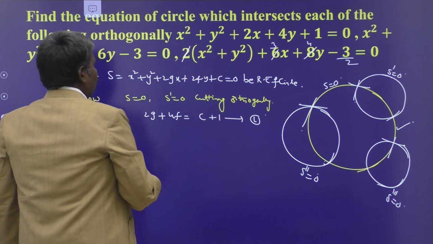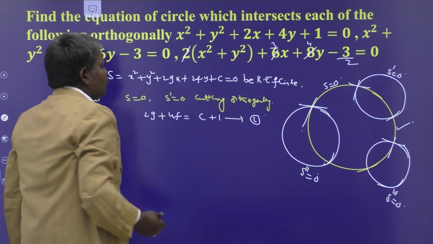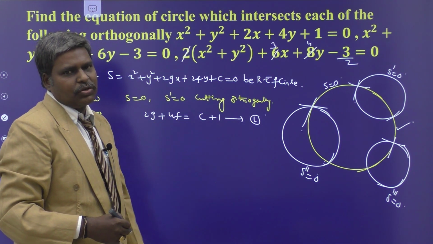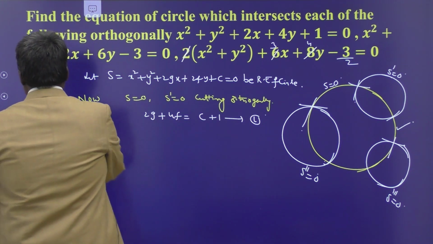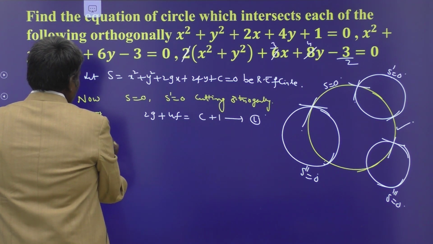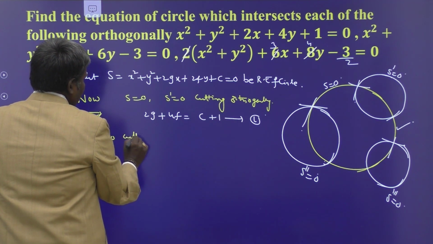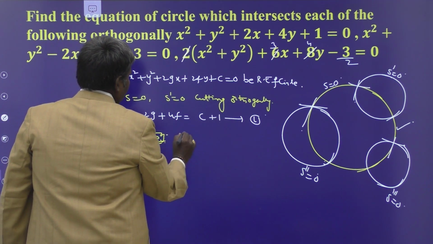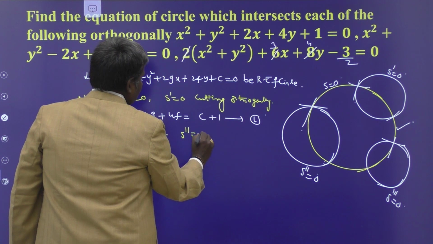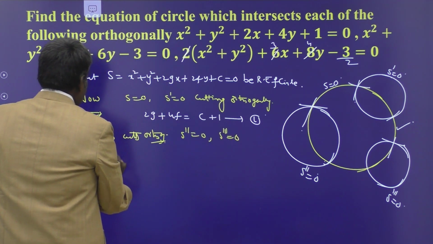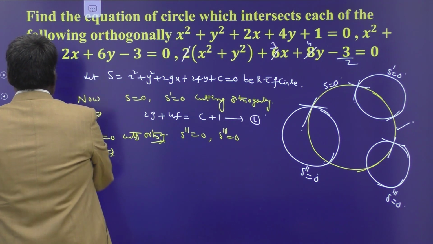S equal to 0 and s dash equal to 0 cutting orthogonally. Similarly, s equal to 0 cuts orthogonally s double dash equal to 0 and s triple dash equal to 0 also. I am going to write both conditions here itself.